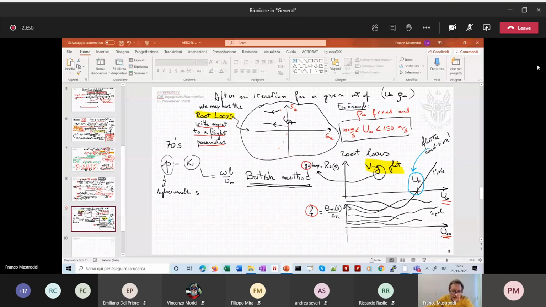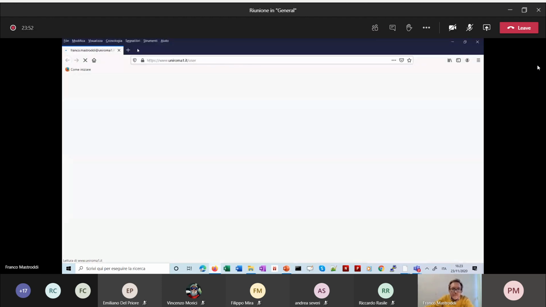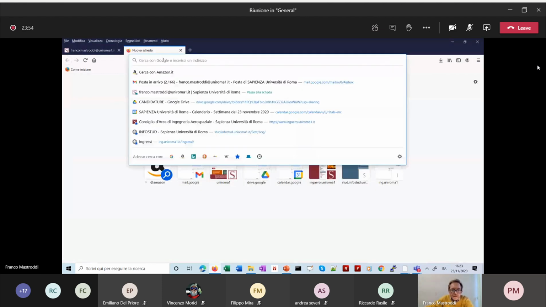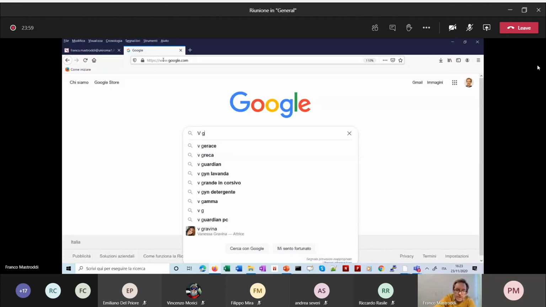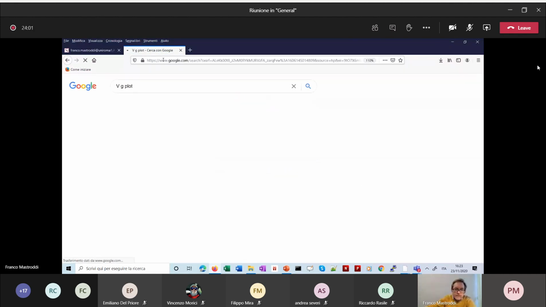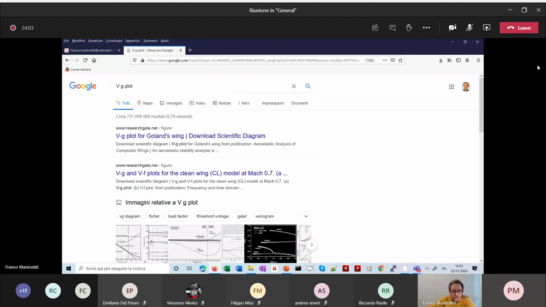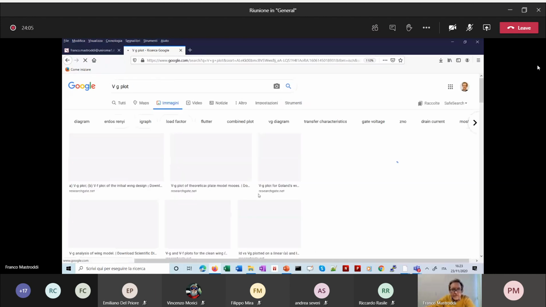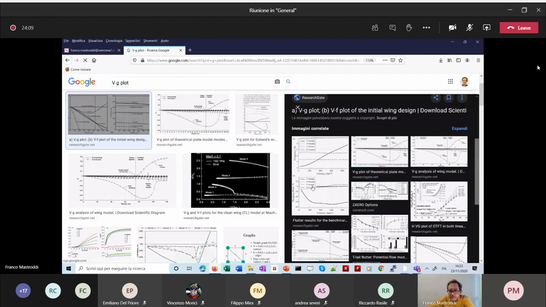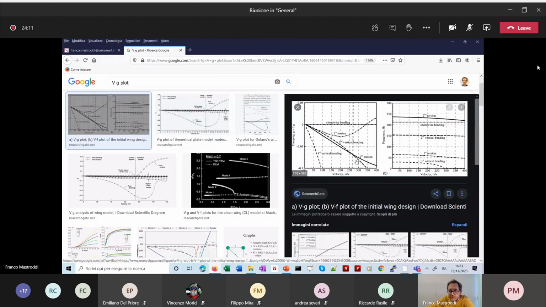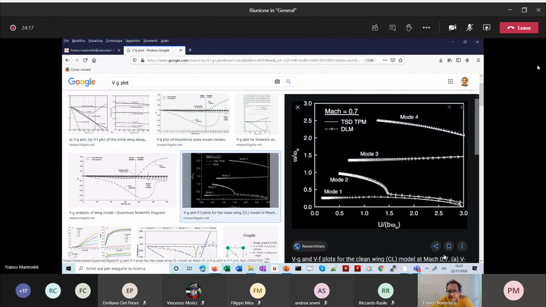If you search, for example, on the web, the word VG plot, you probably find something interesting. For example, V plot. Yes, you have thousands of VG plots like this. This is the velocity and the damping. And for example, this is another VG plot.